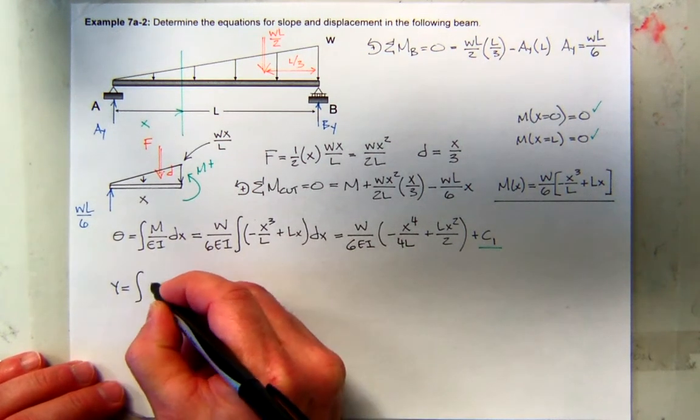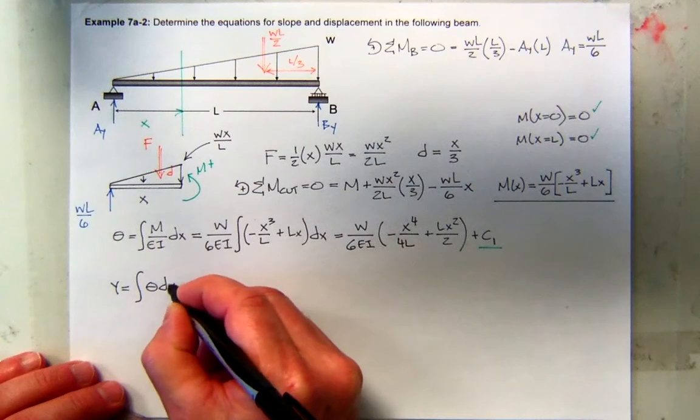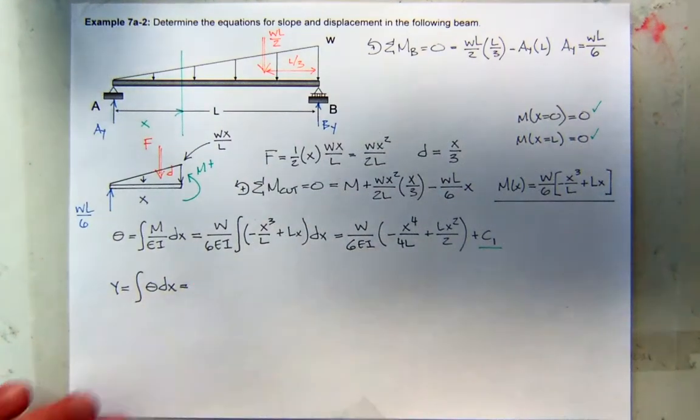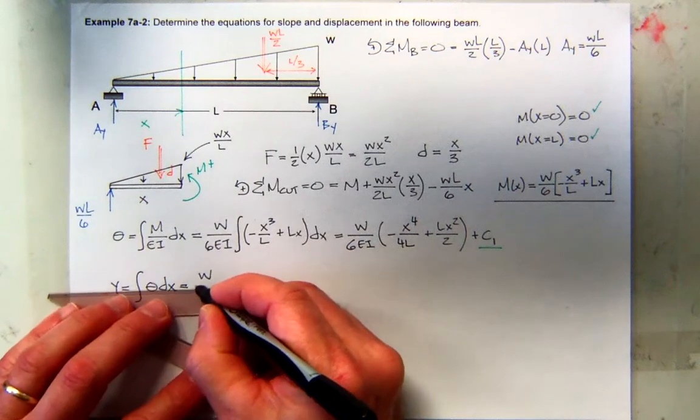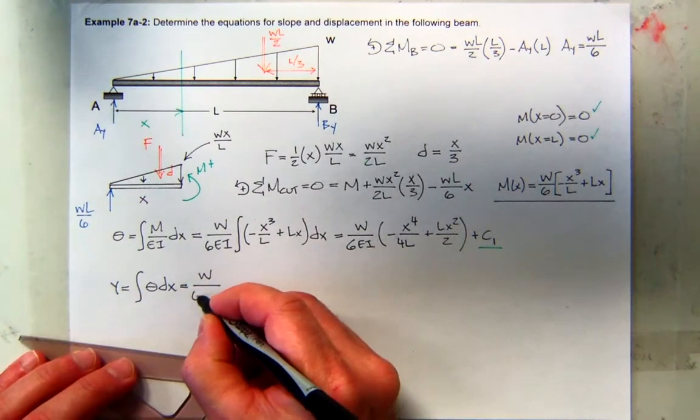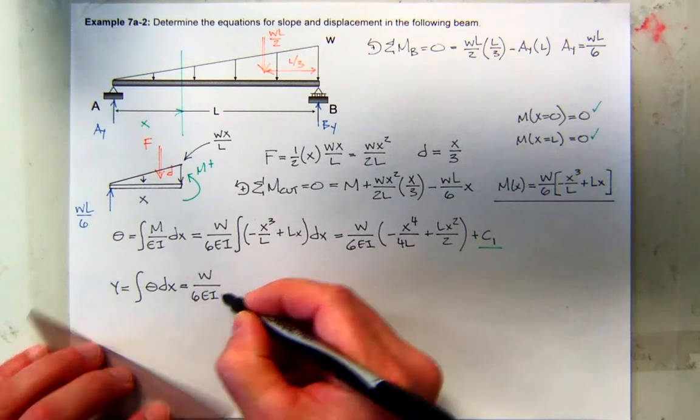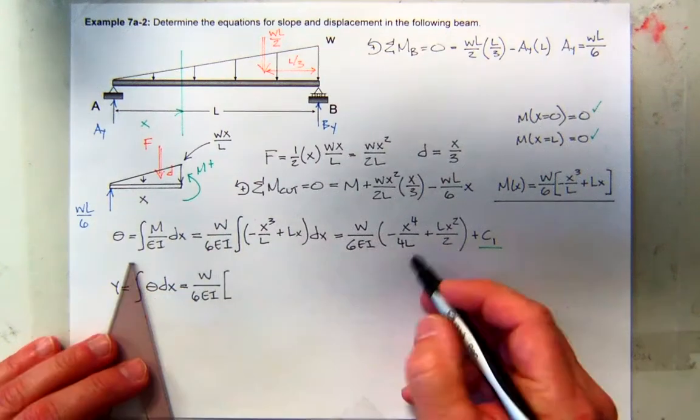Displacement is the integral of slope. So let's integrate that thing. So our constant's going to stay the same, W over 6EI. So let's integrate that.